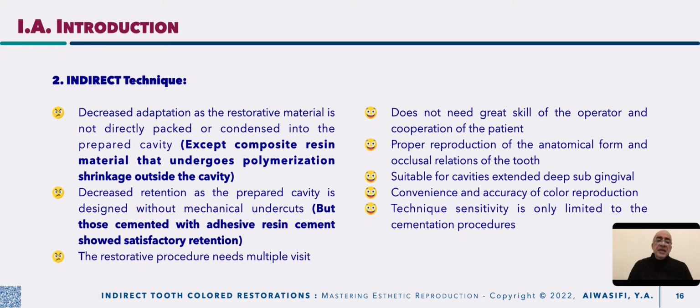That's why it lacks adaptation, except for composite resin, because all polymerization shrinkage takes place outside the oral cavity, outside your prepared cavity, and could be compensated after that by using adhesive resin cement. And the total shrinkage of adhesive resin cement will be minimal because you are using quantitatively a very minimal amount.